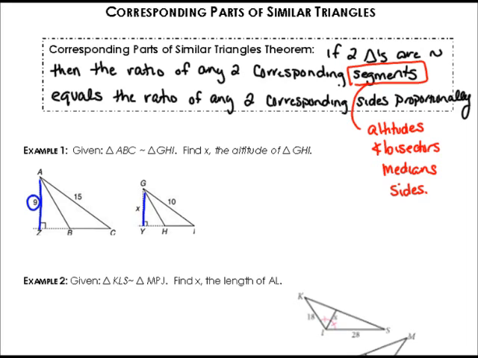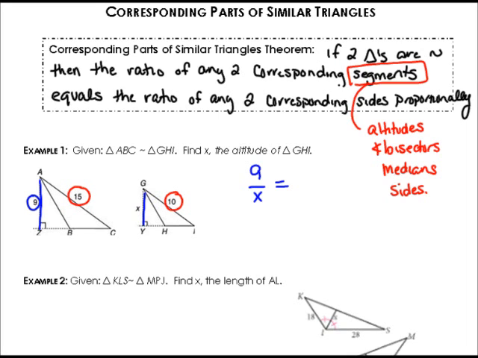So if we wanted to set up the ratio of the altitudes, it would be a 9 over x ratio, comparing triangle ABC to triangle GHI. Well, that's saying that we can set equal the ratio of its corresponding sides going again in the same direction from triangle ABC to triangle GHI.